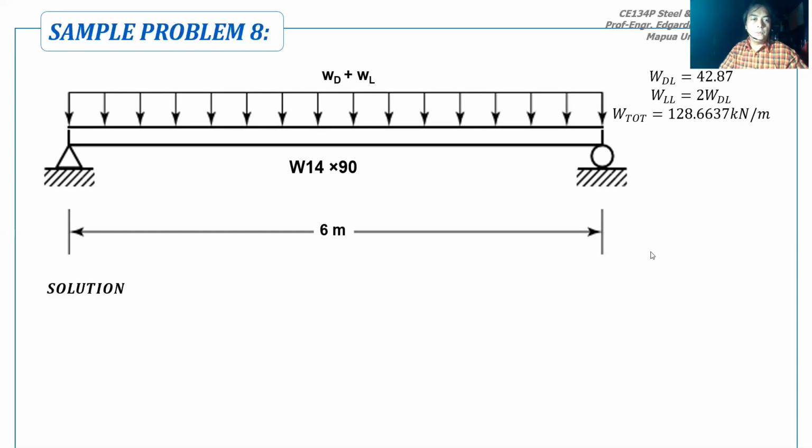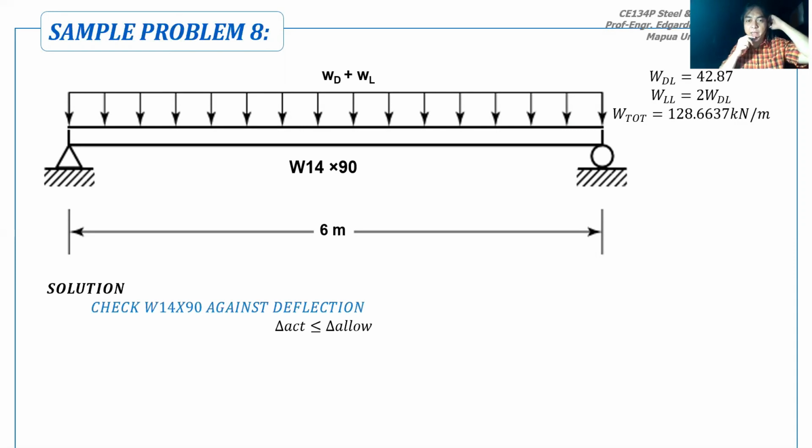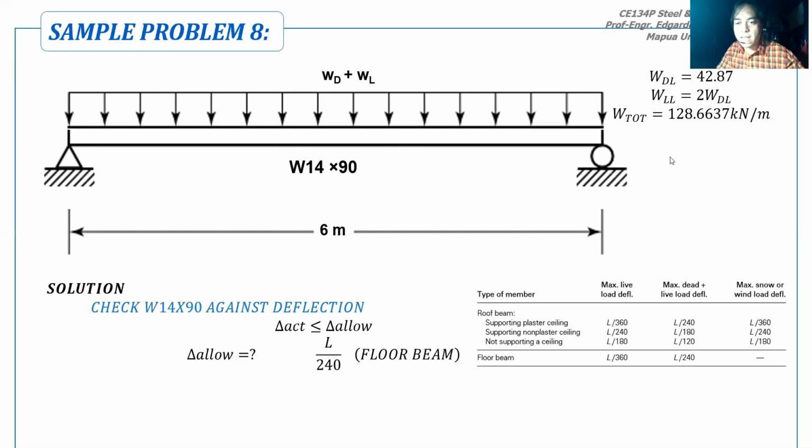So how do we check for adequacy? We check this W14/90 against deflection, in such a way that the actual deflection calculated should be less than or equal to the allowable. Looking at the table I presented a while ago, the given problem is a floor beam, and we will be considering both dead and live load.